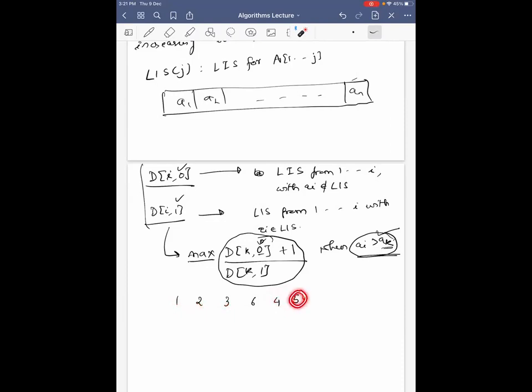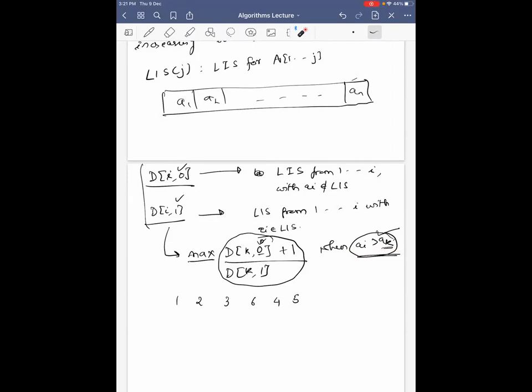So when 5 gets appended, you get the same answer, no? So this is over all choices of k that satisfy this condition.